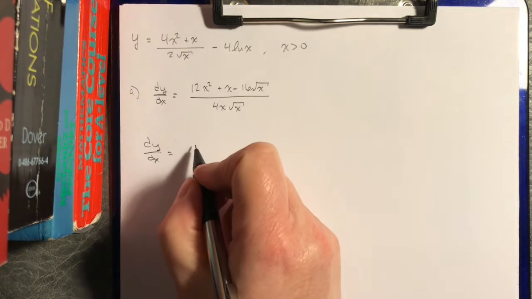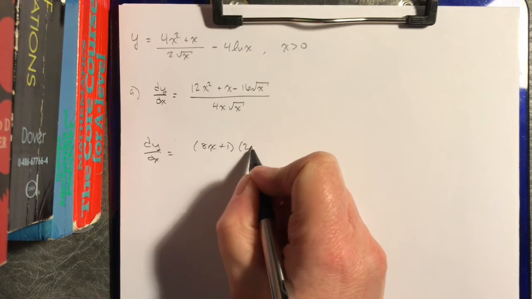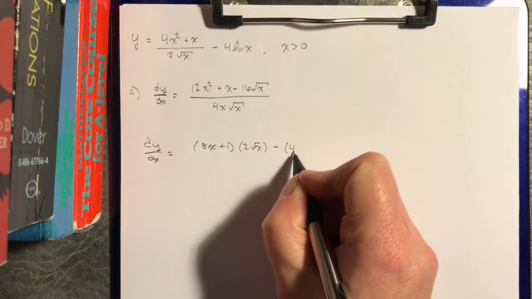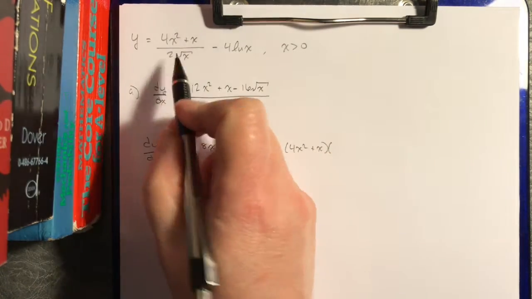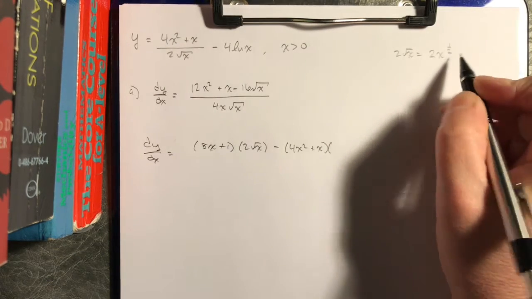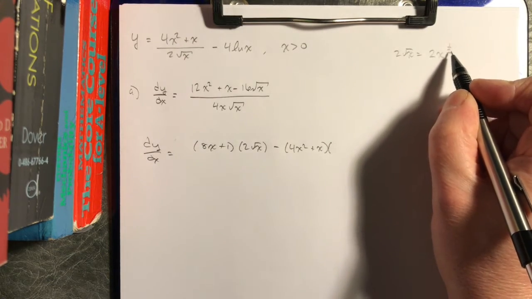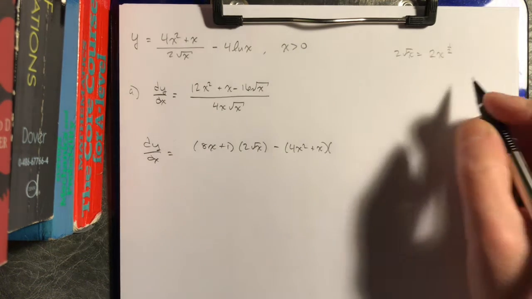Okay, so derivative of the top times the bottom minus the top times the derivative of the bottom. Now, 2 root x is 2x to the 1/2, so his derivative is going to be 2 times the half x to the negative 1/2.